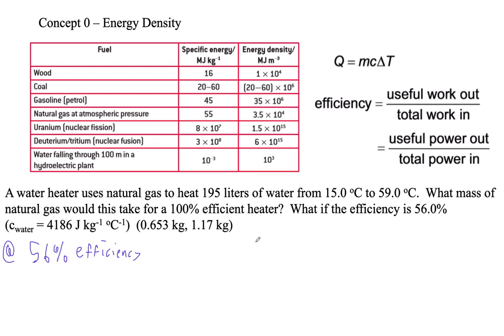Well, the only difference now is the heat we need is mCΔT. So 195 times 4186 times (59 minus 15), which is 44. That's just this minus this.